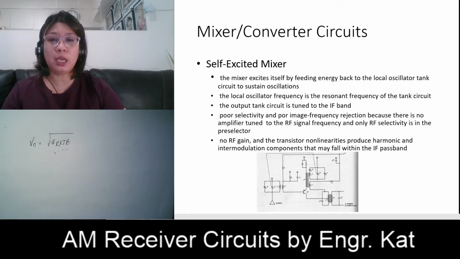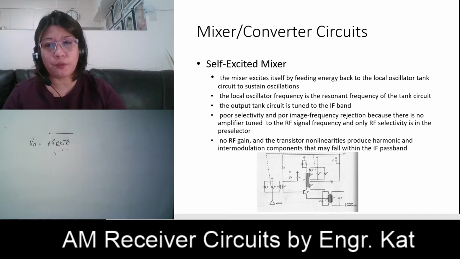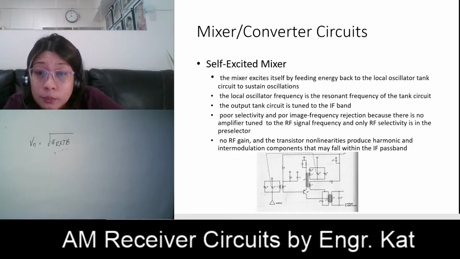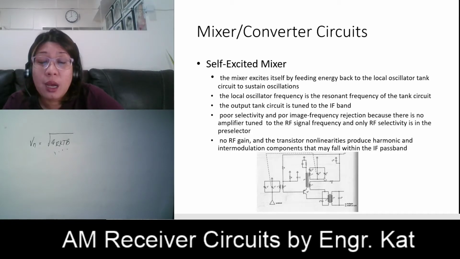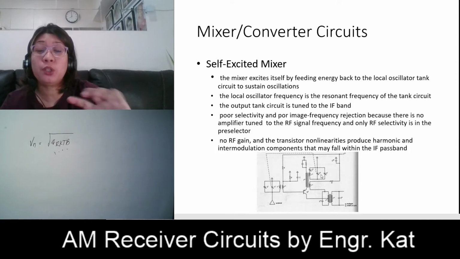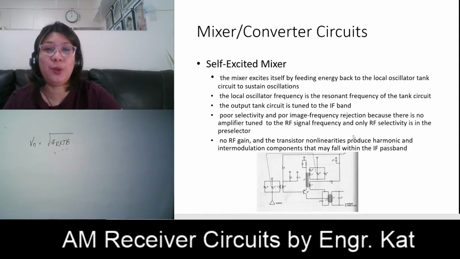As you can see here, there is only one active device, which is our Q1, which provides our gain. I think the figure here is somewhat turned upside down. Anyway, I will just edit this one.